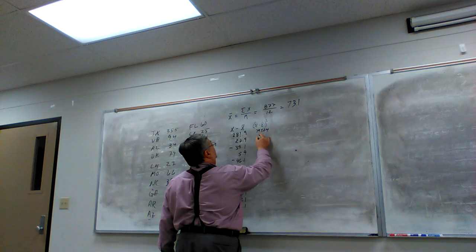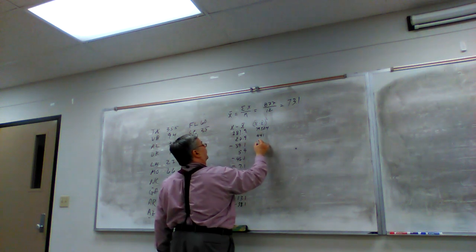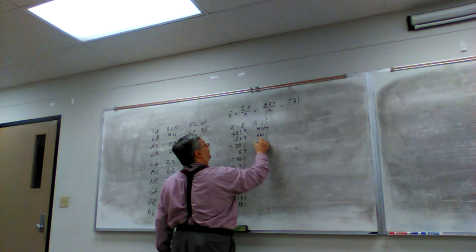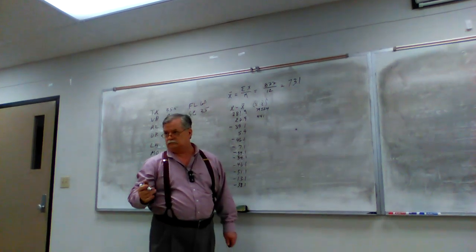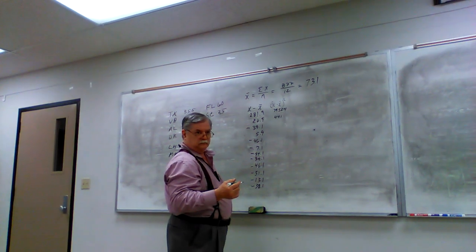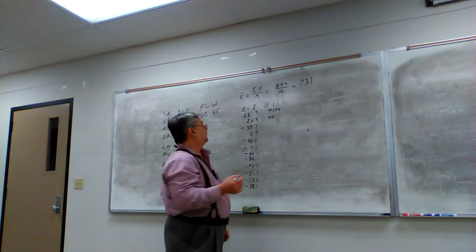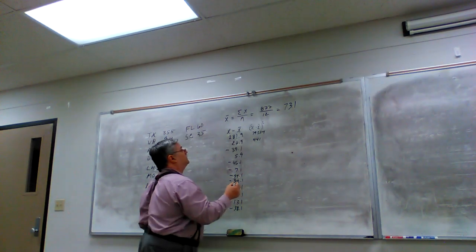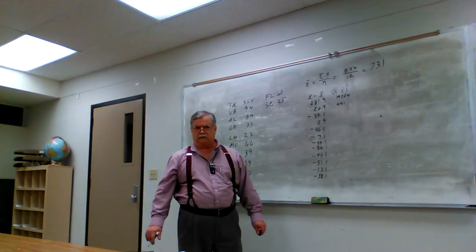And then the next one, squared 20.9. Minus 39.1 squared. I'm sorry, say that again. 39.1 squared.